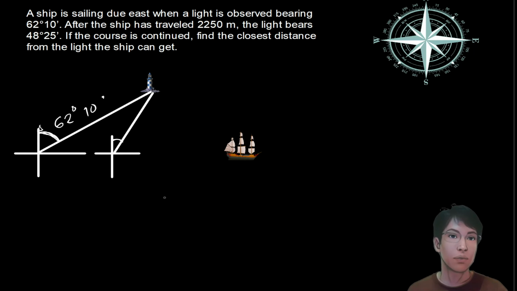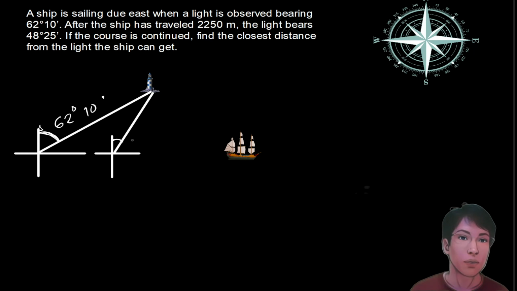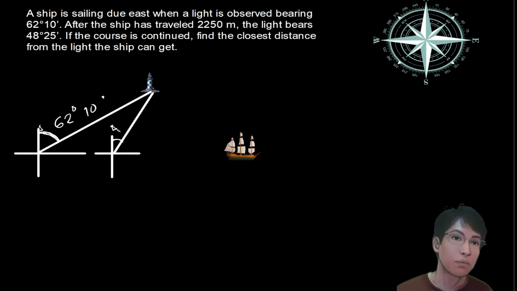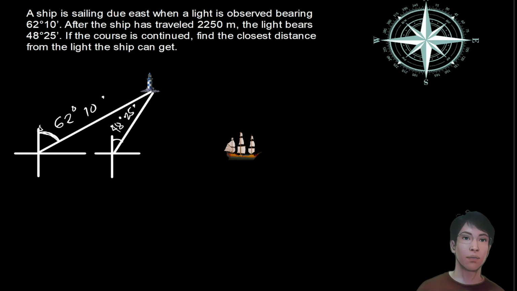Doesn't look good. Let me write it over here like this, 48 degrees 25 minutes. So find the closest distance from the light the ship can get. If the course is continued, the ship's traveling again.